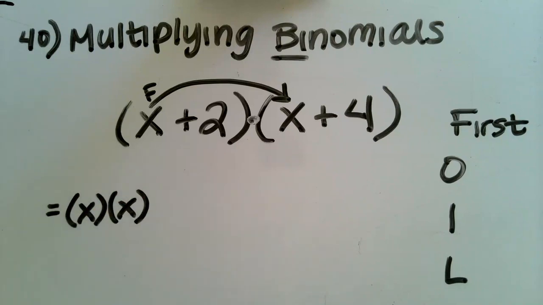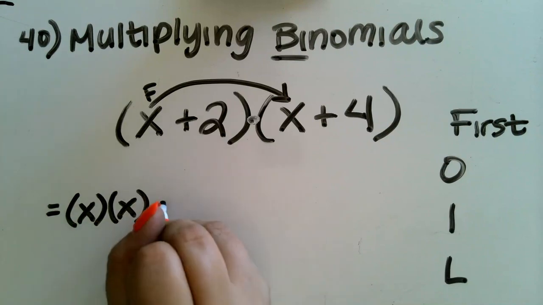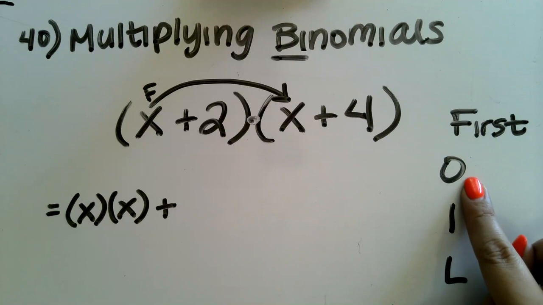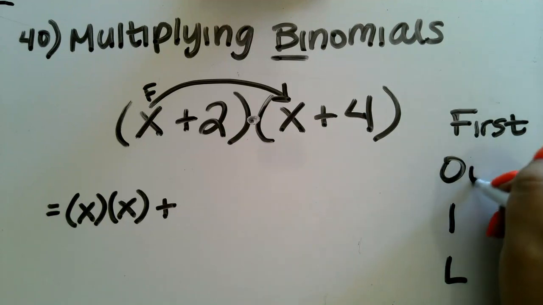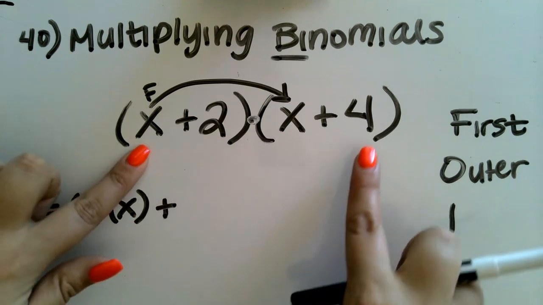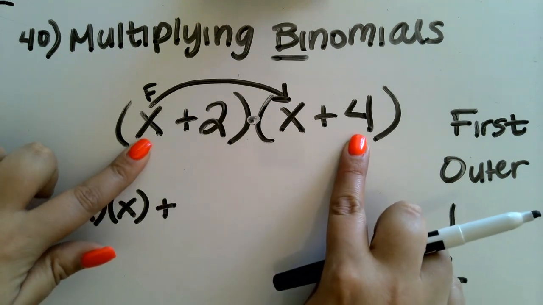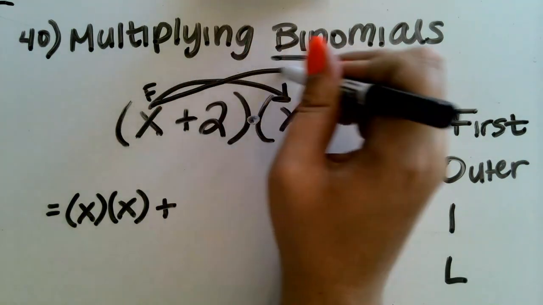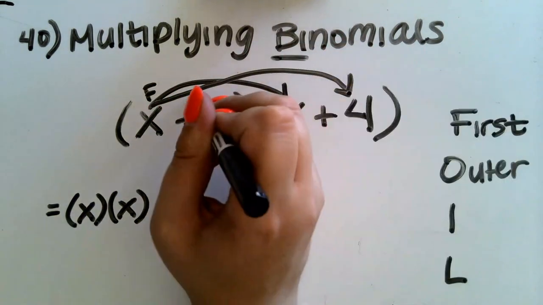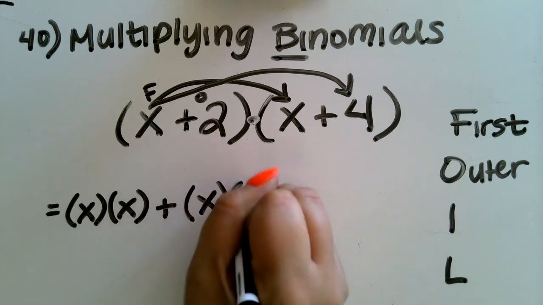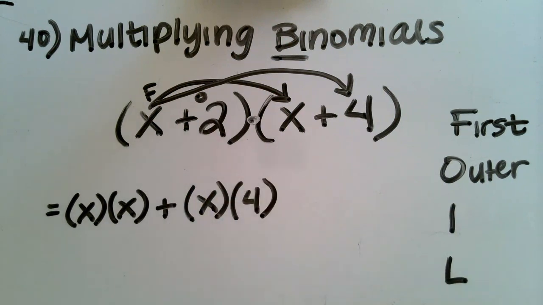Okay, we did that. Now we are going to add the next part together when we multiply our O, our outer terms. We're going to multiply these two terms together, the x and our 4. This is our O, okay? x times 4.